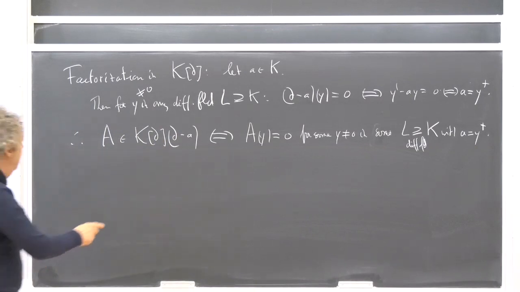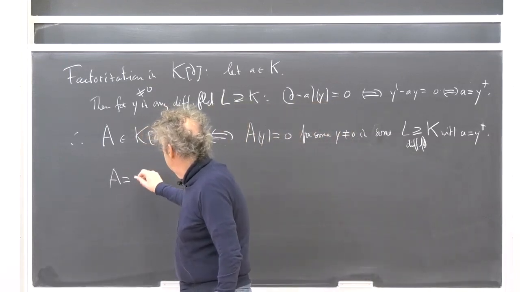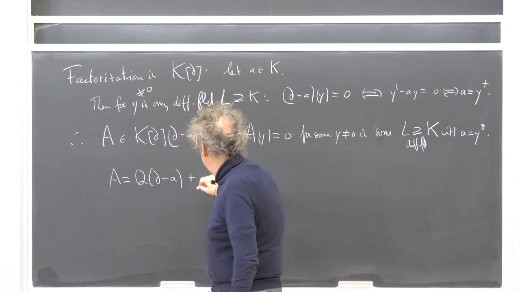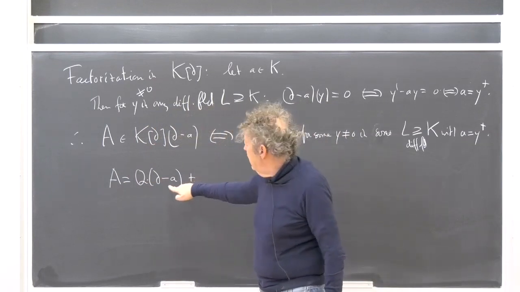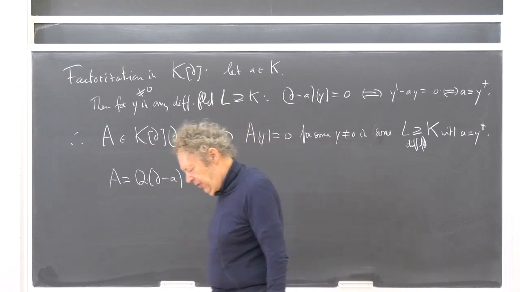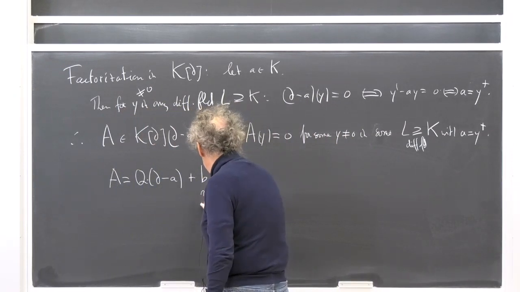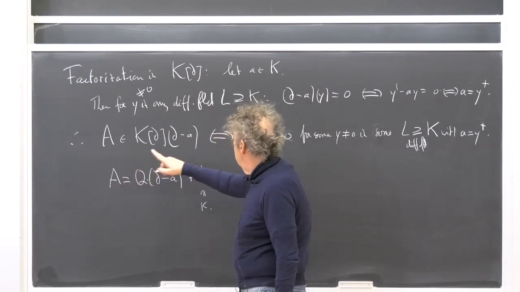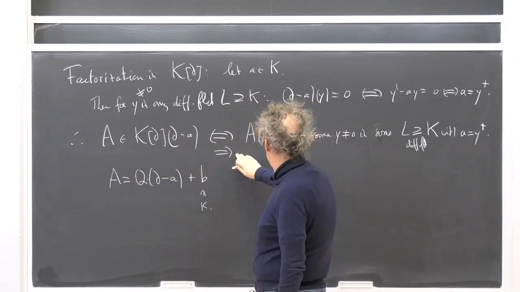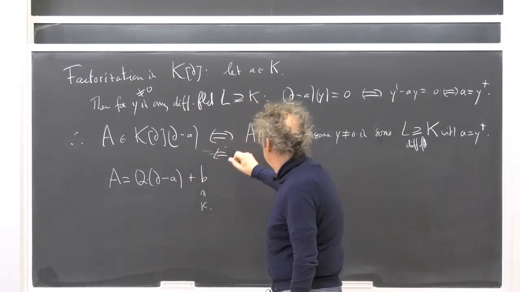How do you prove that? Well, you simply do Euclidean division. The operator can be written as Q times delta minus A plus a remainder that has to be of lower order than delta minus A. But the only lower order available is order 0 and minus infinity, so let's say plus B, where B is an element of K. This direction is obvious, so I'm really only looking at the other direction.